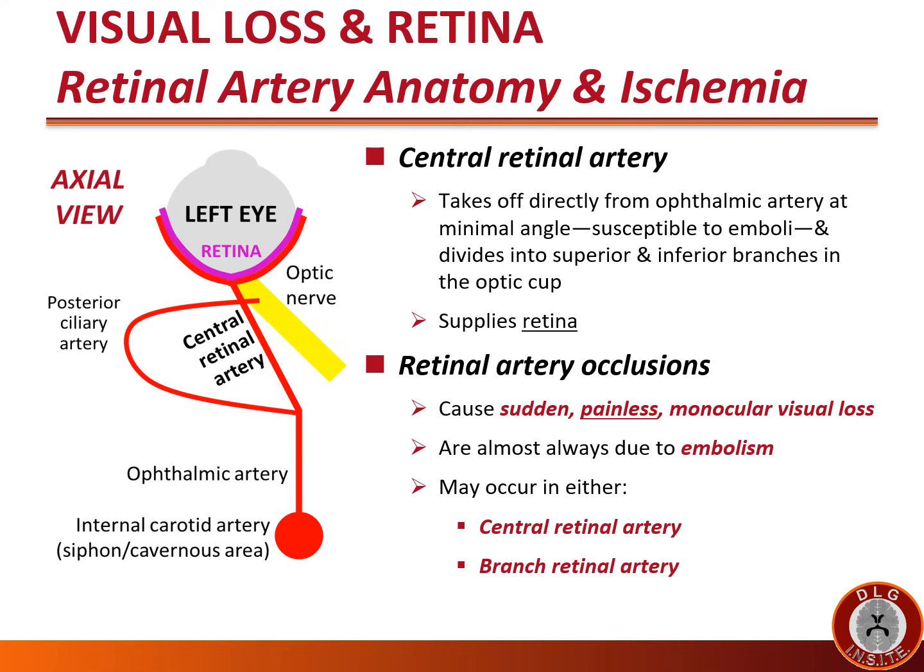The central retinal artery then divides into superior and inferior branches in the optic cup, where it supplies the retina. Retinal artery occlusions cause sudden, painless, very important, painless monocular visual loss. They are almost always due to embolism, and they may occur in either the central retinal artery or a branch retinal artery.